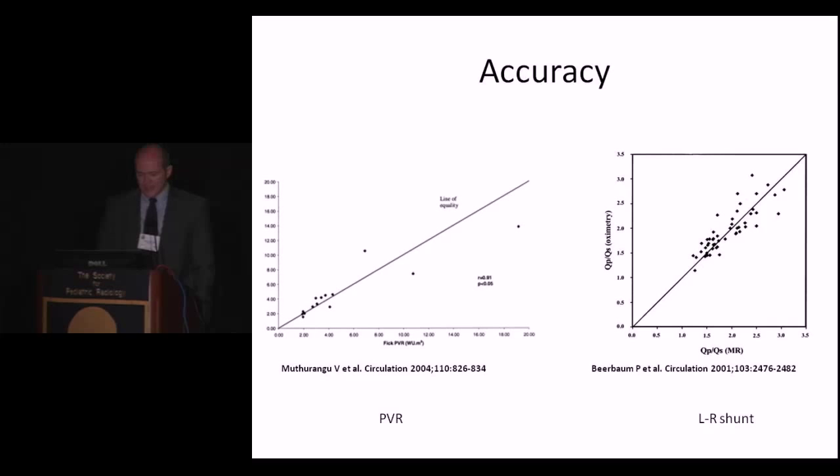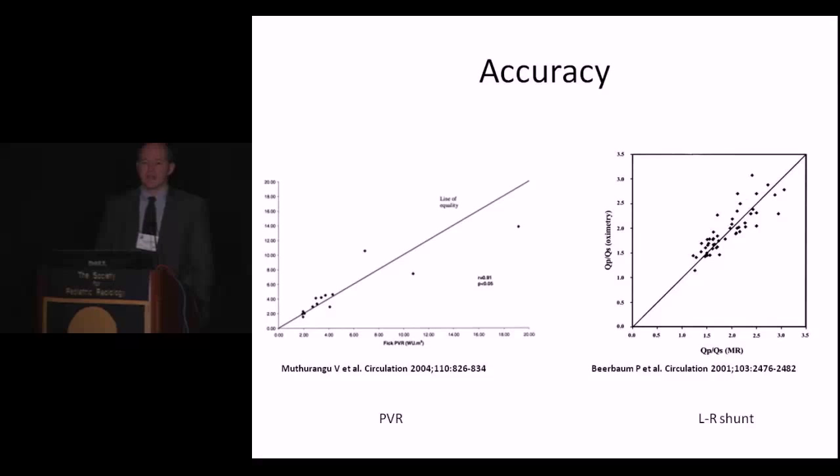How accurate is phase contrast? Well, in flow phantoms, we know it's very accurate, but it also seems to be accurate in patients. Here are two studies that compared phase contrast with Fick for measuring blood flow, in this study for measuring pulmonary vascular resistance, and in this one for measuring left to right shunt, showing excellent correlation with the Fick technique.